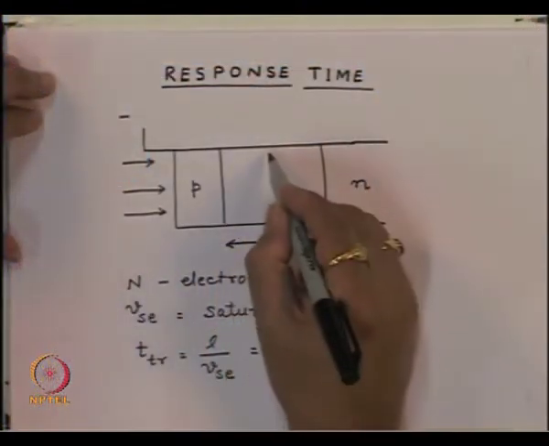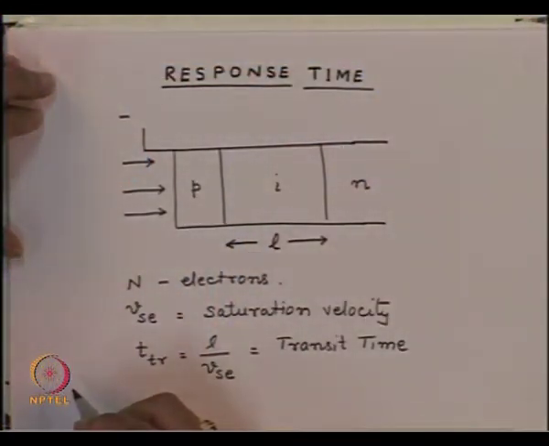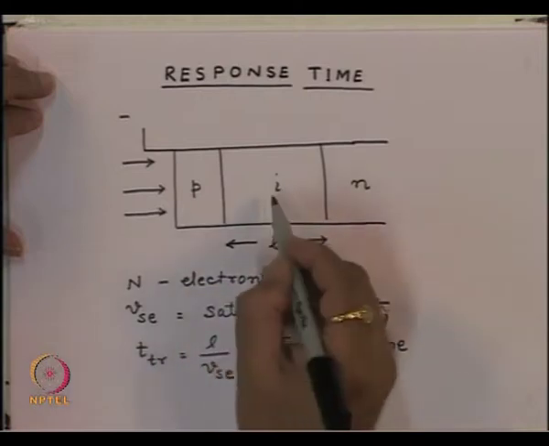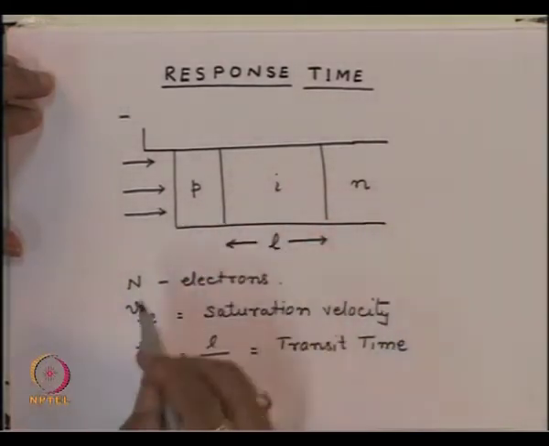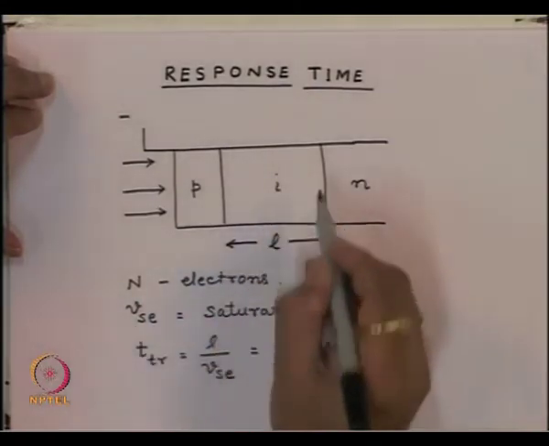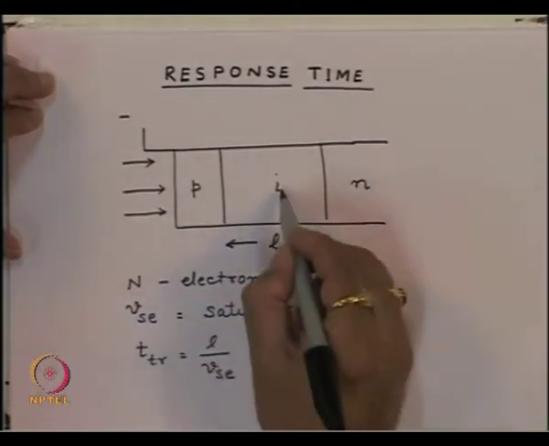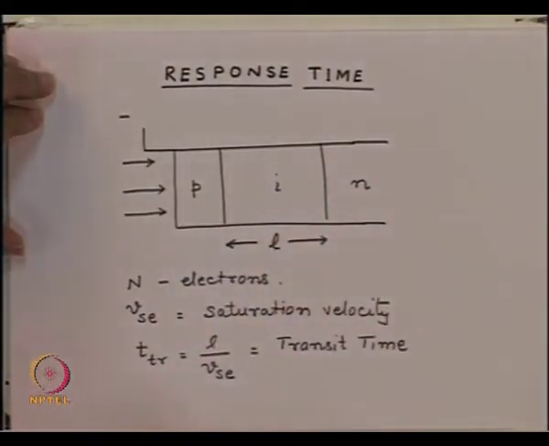Suppose the carriers were generated in the middle of the intrinsic layer, let us say exactly halfway, most of the carriers were generated here. Then the holes will move this distance, and the electrons will move this distance. So, both of them are going to travel a distance of L by 2.